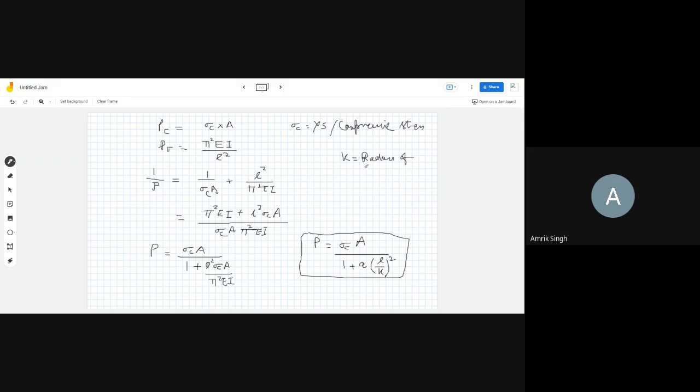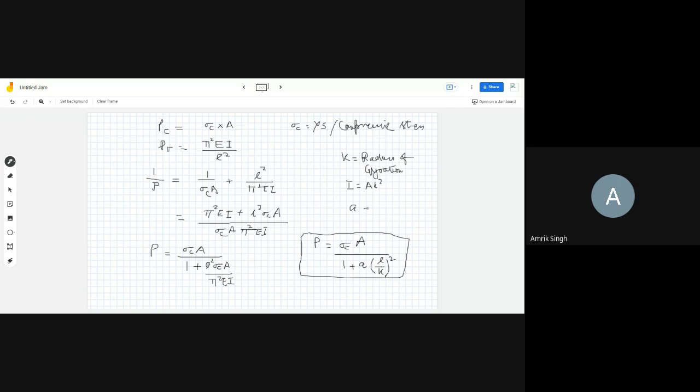We know that I is equal to A K square, so I upon A will be K square here. So this is L upon K whole square, and this A is a Rankine factor.